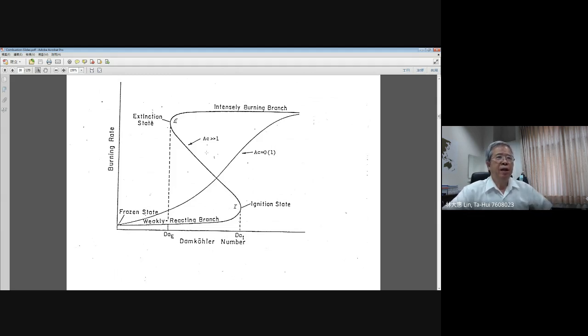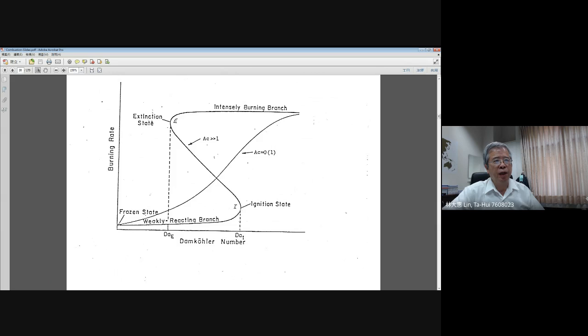I need to emphasize that actually the S curve is basically predicted by theory. In experiments of real applications, we cannot see the intermediate branch between the extinction state and the ignition state, because when you increase your Damköhler number up to a certain point, the burning rate still continues to increase.